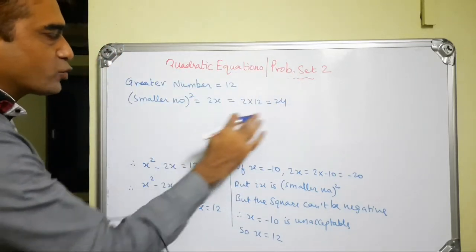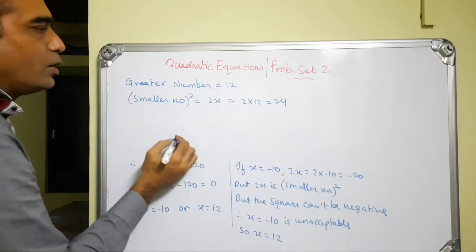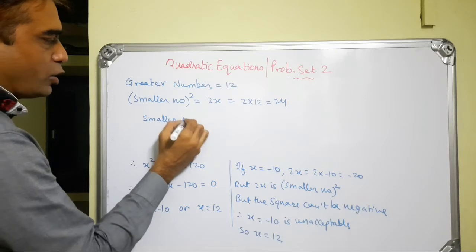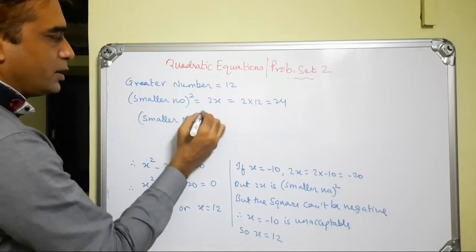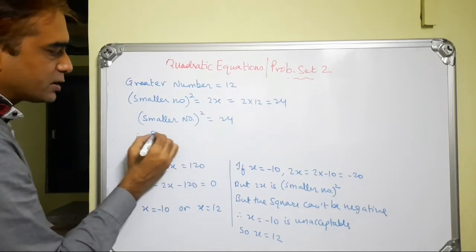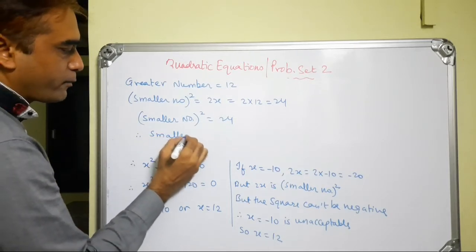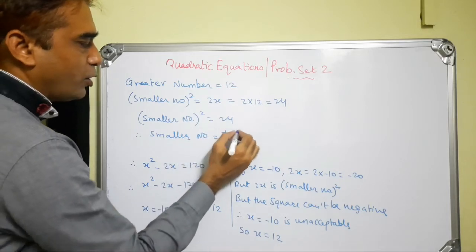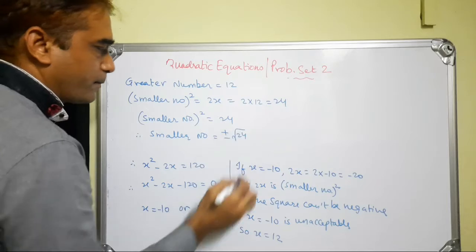Now smaller number square is 24, taking the square root of both sides, therefore smaller number equals positive or negative root 24.